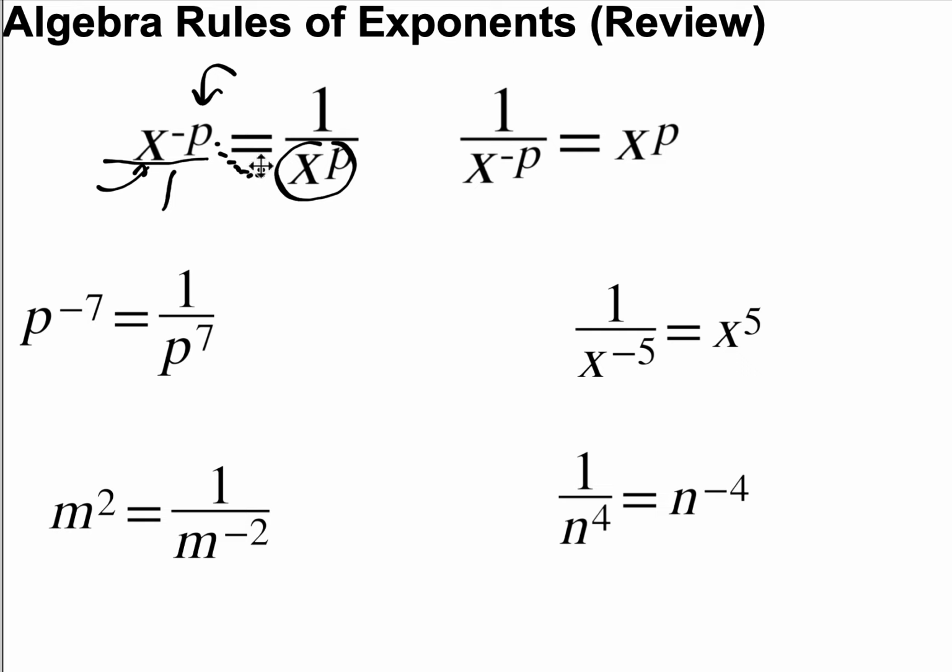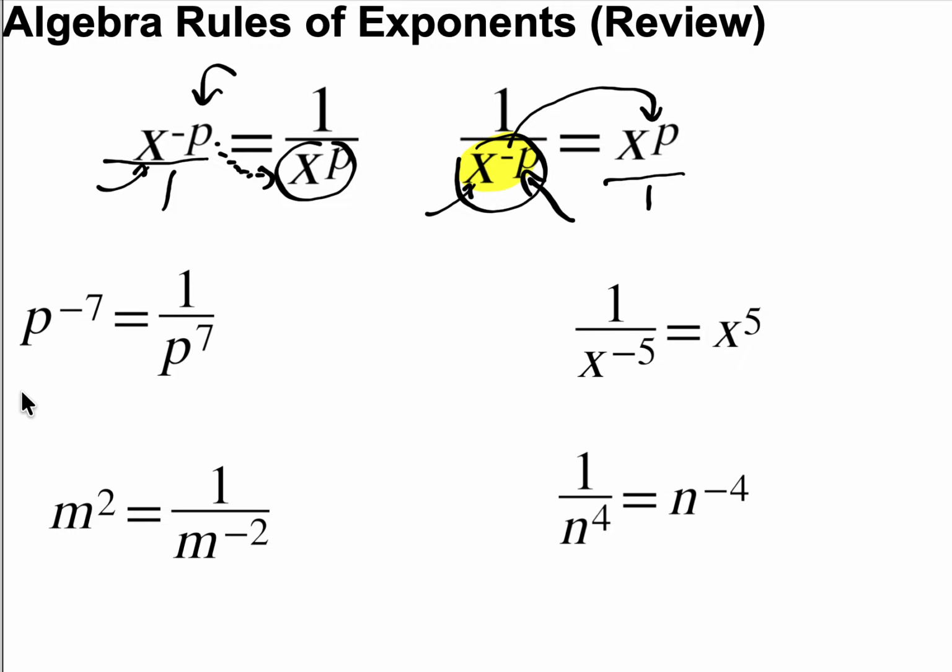I can put that in the denominator, and notice what happens. This negative p becomes a positive p. Likewise, if I have a variable x in the denominator raised to the negative p, if I want to get this variable out of the denominator, I can bring it up into the numerator, and that negative sign in front of the exponent becomes a positive sign.